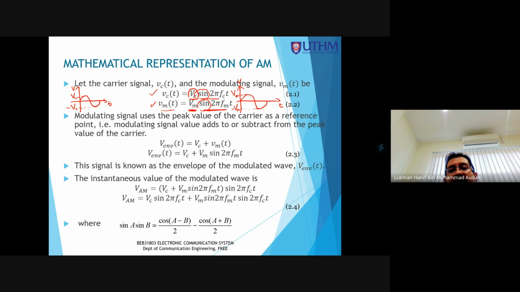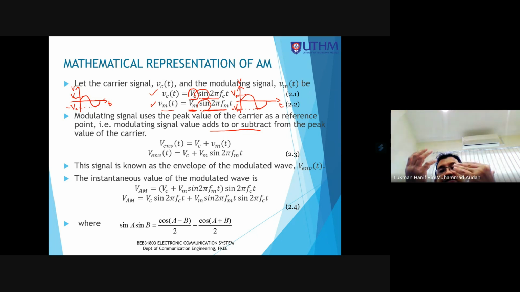The modulating signal value adds or subtracts from the peak value of the carrier. So for AM, remember when we do the AM modulation, the amplitude of the carrier changes in accordance with the amplitude variation of the modulating signal.